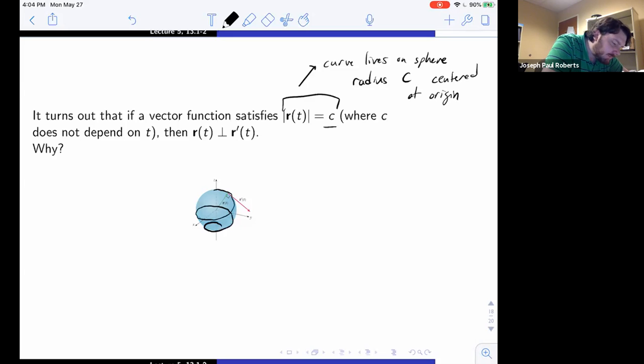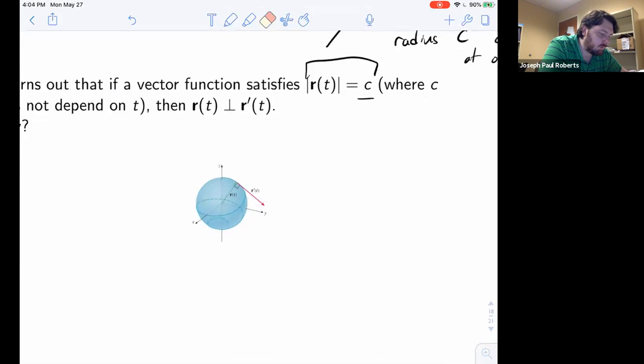Because remember, r of t is just position vectors of points on your curve, and position vectors always start at the origin. So if each point on my curve has a position vector that's the same length, c, that curve has to live on that sphere.